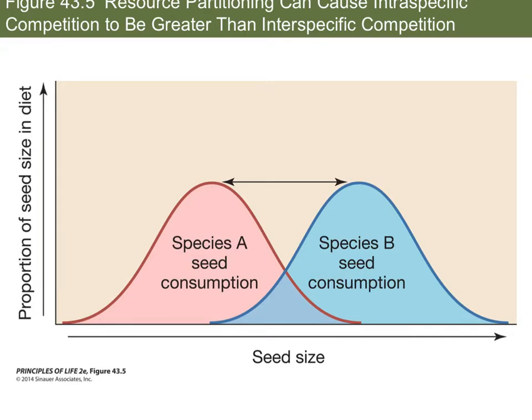They'd have a lot of trouble and would likely go extinct. But by consuming different seed sizes, as shown here, species B, if there's none of this seed size right here, can eat this higher end, and species A can also eat smaller seeds to supplement what they would normally be eating in this common area.